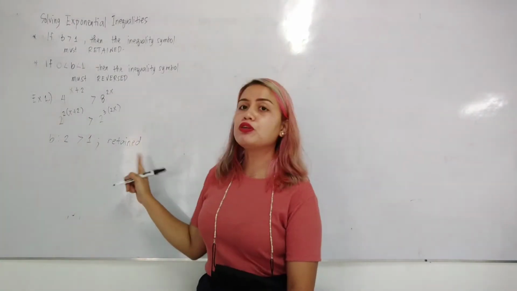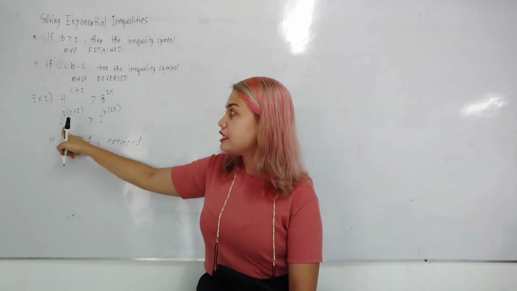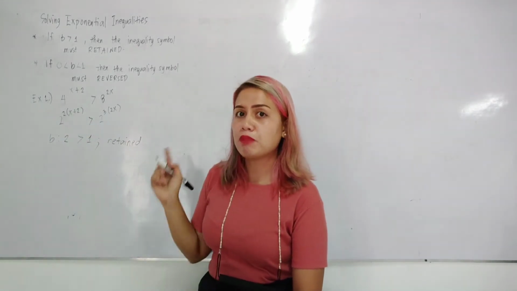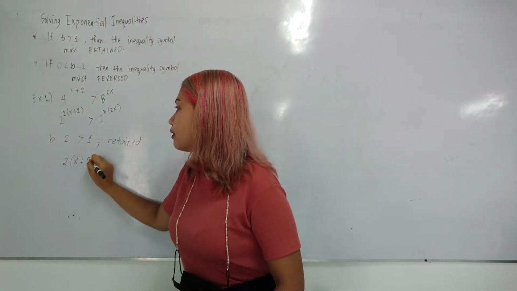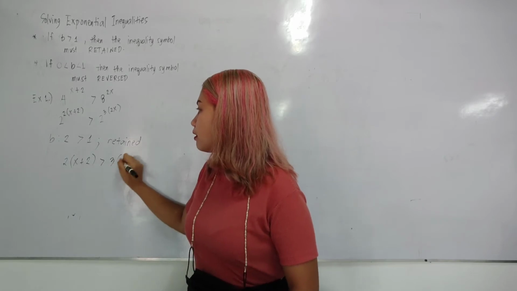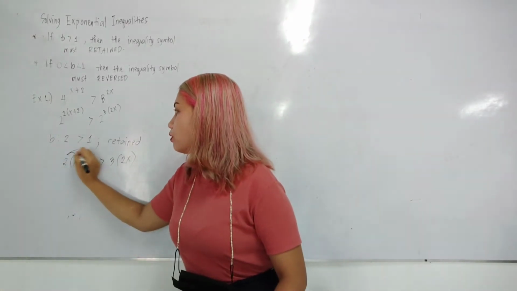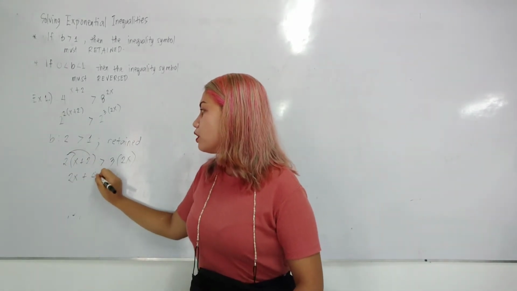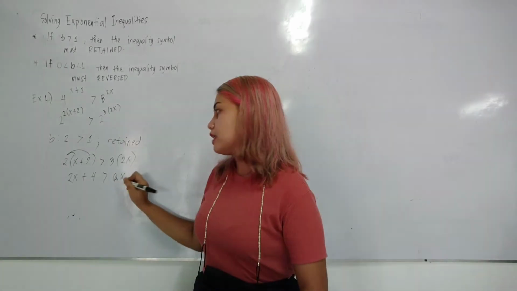After you determine whether to retain or to reverse, and since both bases are already equal, you can omit them and copy the exponents. Then you distribute: 2 times 2x is 4x... rather 2 times x is 2x, 2 times 2 is 4, greater than 3 times 2x, that is 6x.